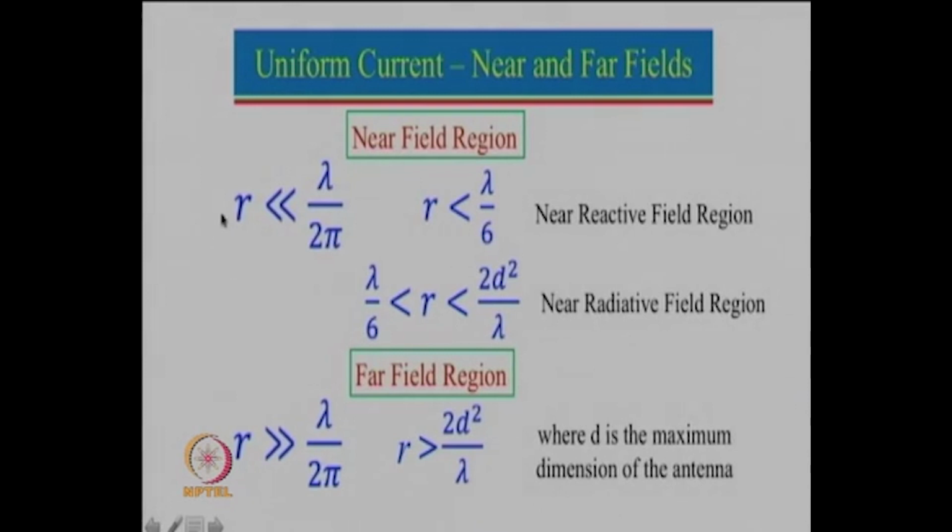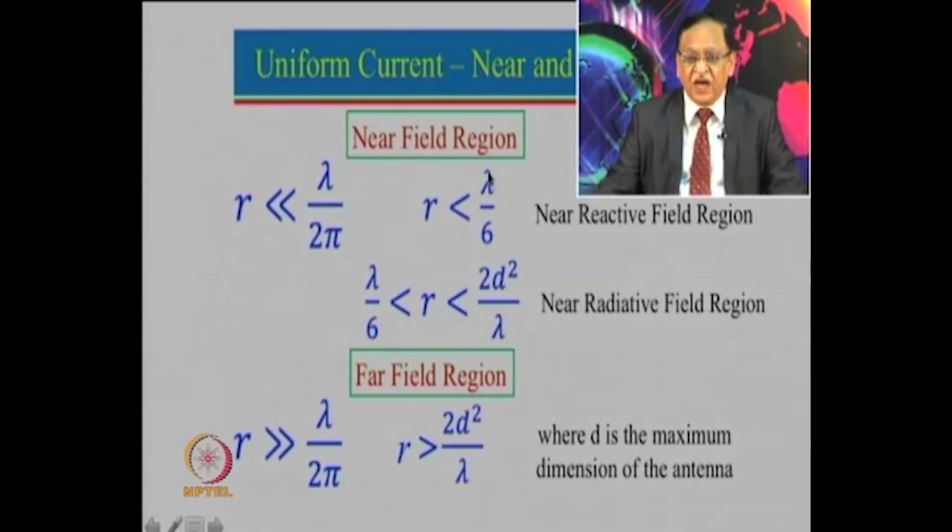If this condition is applied, this region is defined into two different parts. One is r less than lambda by 6, and 2 pi is approximately 6. Okay.